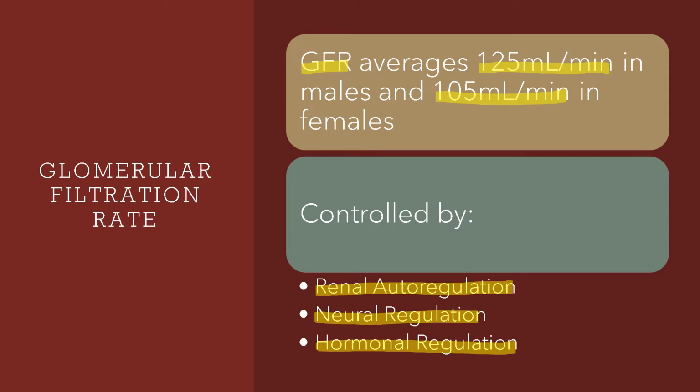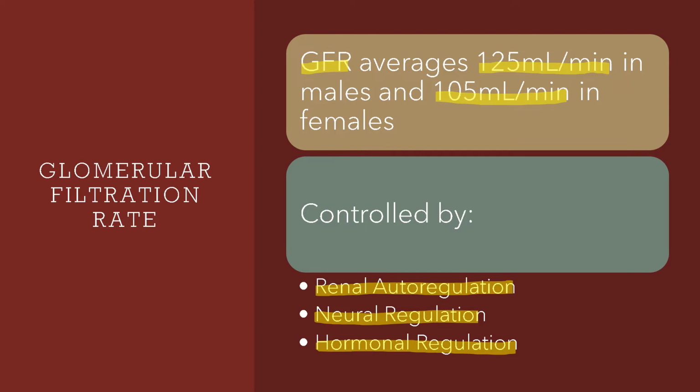So renal autoregulation is the capability of the kidneys themselves to help maintain a constant renal blood flow and GFR, despite normal everyday changes in blood pressure, like those that happen in exercise.